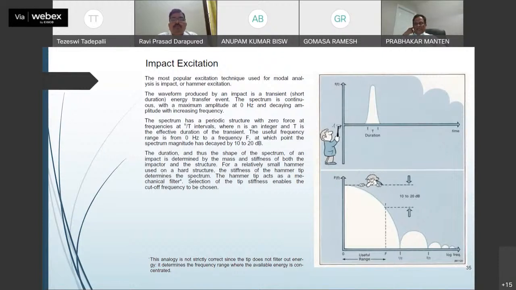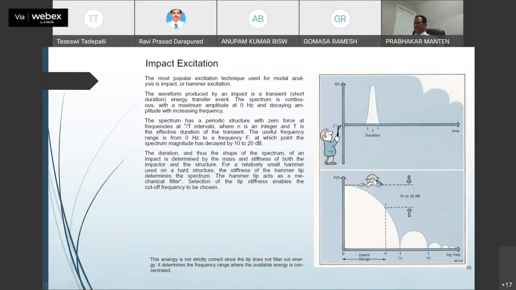The most popular excitation technique used for modal analysis is the impact, or the so-called hammer excitation. The waveform produced by an impact is a transient in the time domain. It's a sudden transient which has a finite width associated with it, and the shorter the width, the sharper, the wider the energy content would be in the frequency.